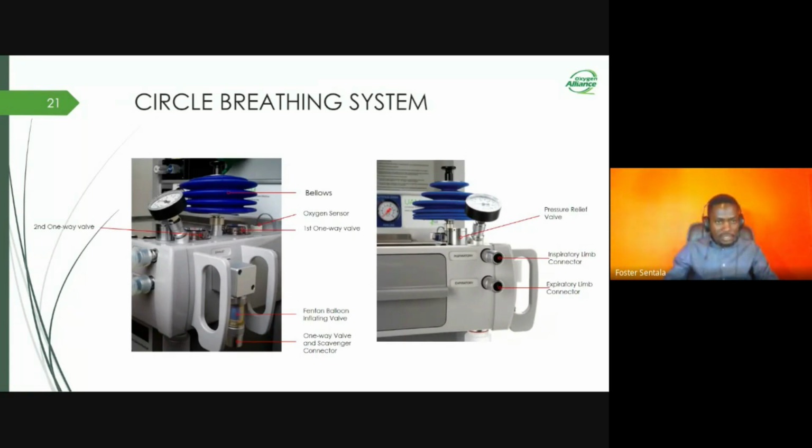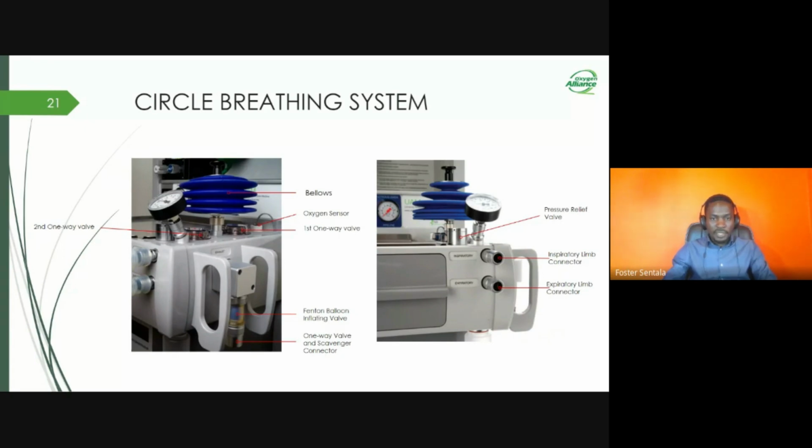Below these parts, that is where you have the Fenton balloon inflating valve. During inspiration, this valve gets inflated. In that way, it blocks the airflow so that you don't have air leaving the machine before it reaches the patient. But during expiration, this balloon deflates, allowing air to leave the machine to the scavenging system.